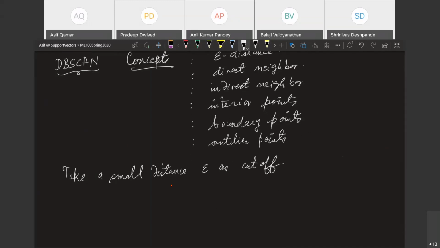Or another analogy would be that at any given point, you tie a string, and that string is only this long. So you can visit only this distance. You can only visit a circle of radius epsilon, isn't it? From point X.